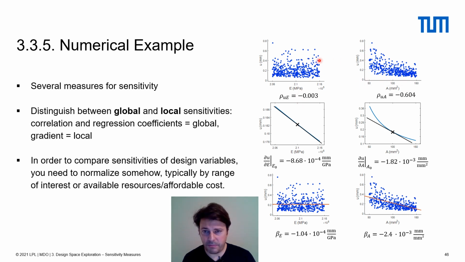That's why you can compare them, but the relevance of your result will depend on the space that you chose on which you computed your sample. So in other words, if I increased my design space for Young's modulus significantly, I may all of a sudden realize a very different correlation coefficient that is larger than the correlation coefficient with respect to the cross-sectional area.